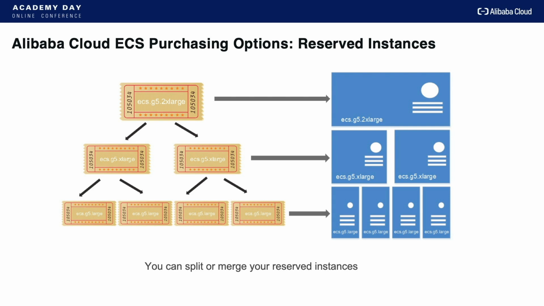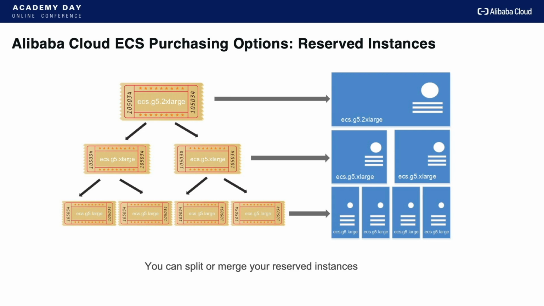One feature that I like about reserve instances is that you can split or merge your reserve instance easily. So let's take a look at the diagram on the slide. Say you have, for instance, a reserve instance for a large instance type, namely an 8-core CPU.